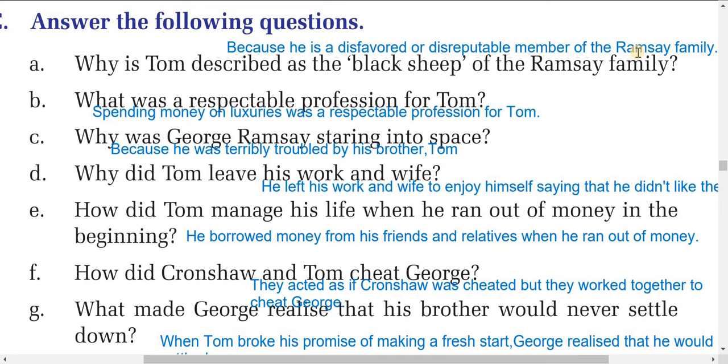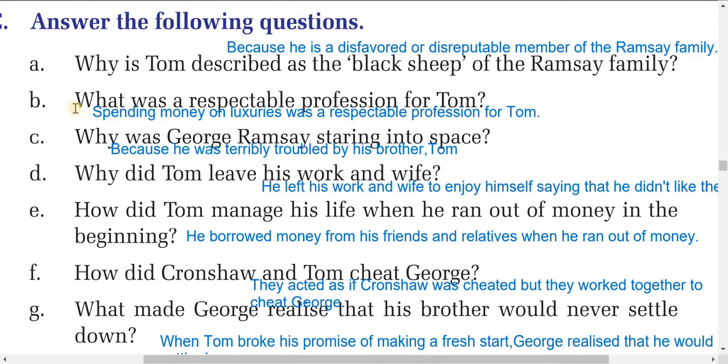Why is Tom described as the problem of the family? Means he is a disfavored or disreputable member of the family. He became a problem for the family. So you can write in this way.